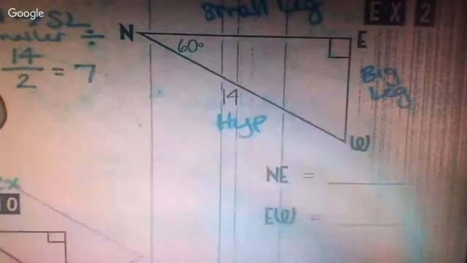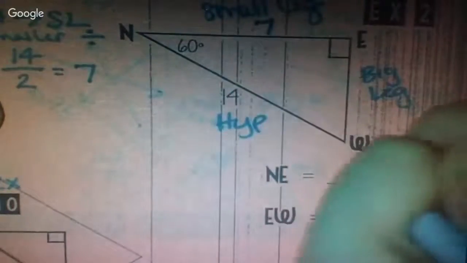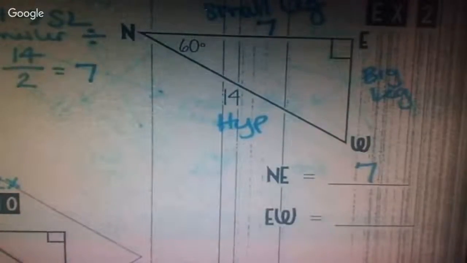So 14 divided by, what's my rule for the hypotenuse? 2. So we divide by 2. So 7. So my small leg is 7. Now we use my small leg to go to my big leg, because there is no rule to go from my hypotenuse to my big leg, which is why I said we have to find the small leg first.